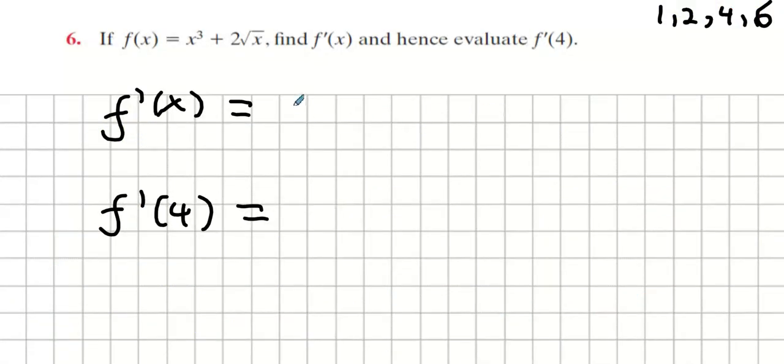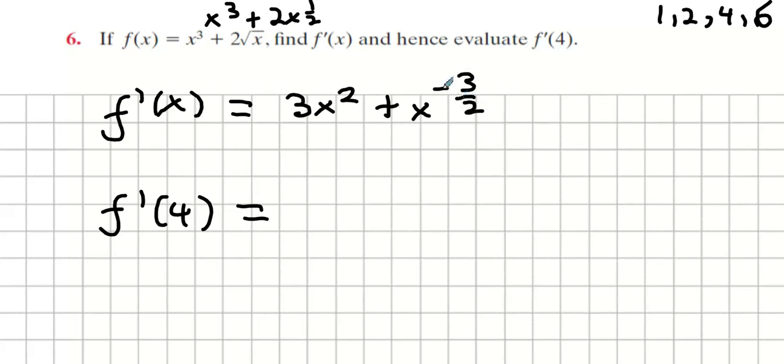Okay. So, do we all get x cubed plus 2x to the power of a half? Then we differentiate, and what do we get? Yeah, and x power minus 3 over... Oh, no, I'm wrong.